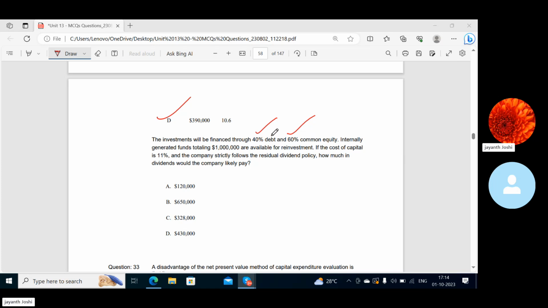Internally generated funds totaling this much are available for reinvestment. That is their retained earnings. If the cost of capital is 11%, that is the required rate of return they have. The company strictly follows the residual dividend policy. That means the leftover amount they will give as dividends after meeting the obligations. How much in dividends would the company likely pay?